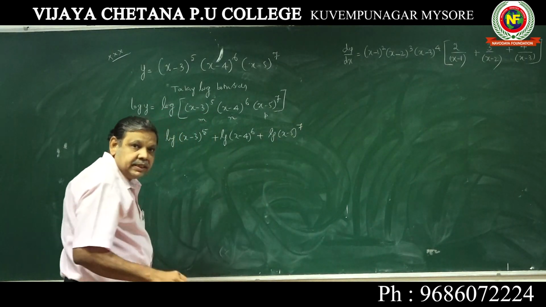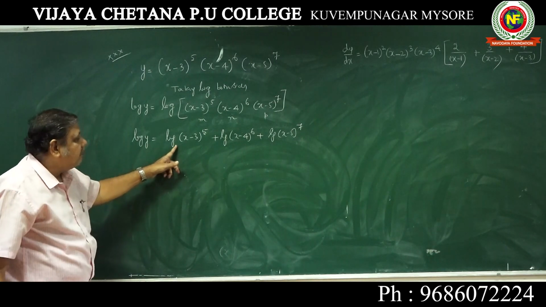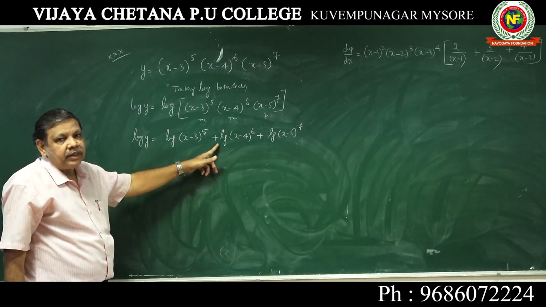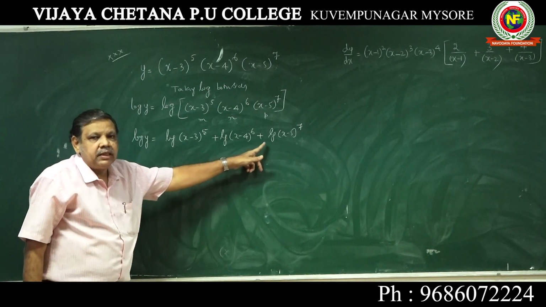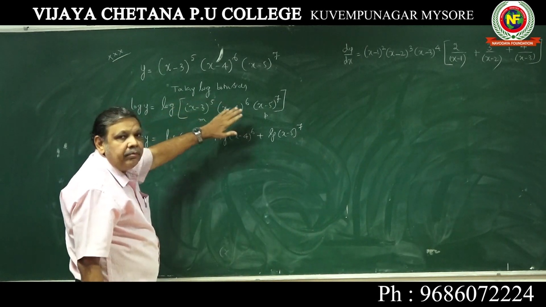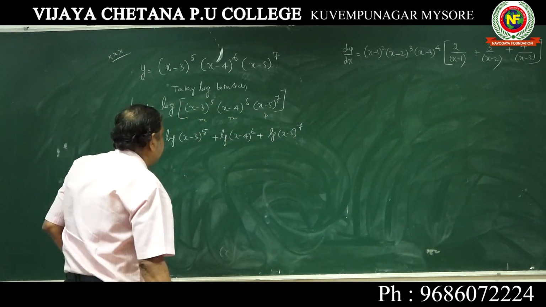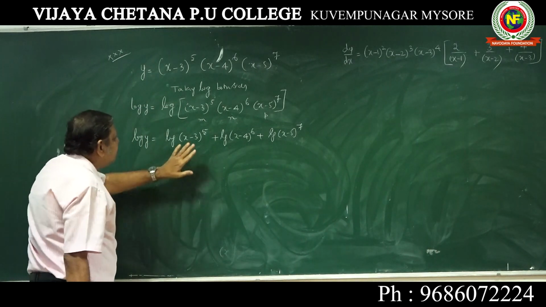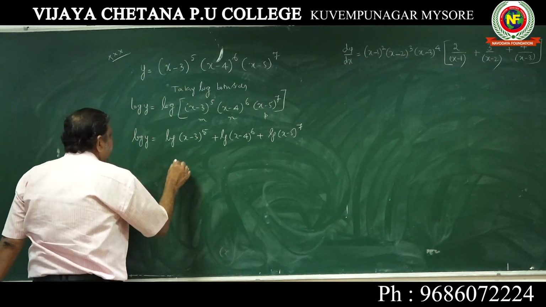This is log m plus log n plus log p, and now you should differentiate individually.